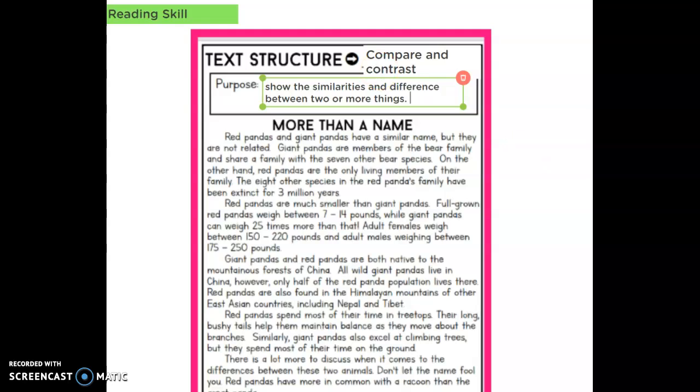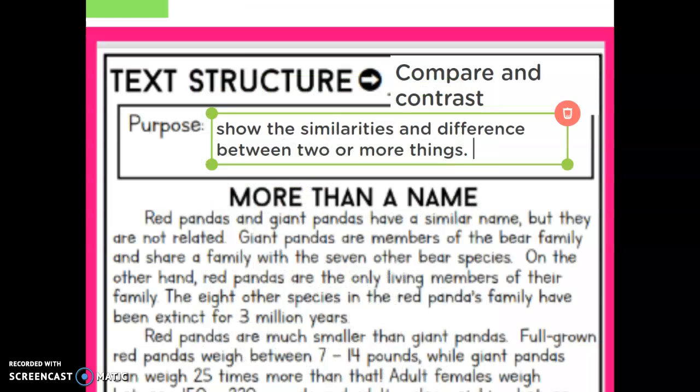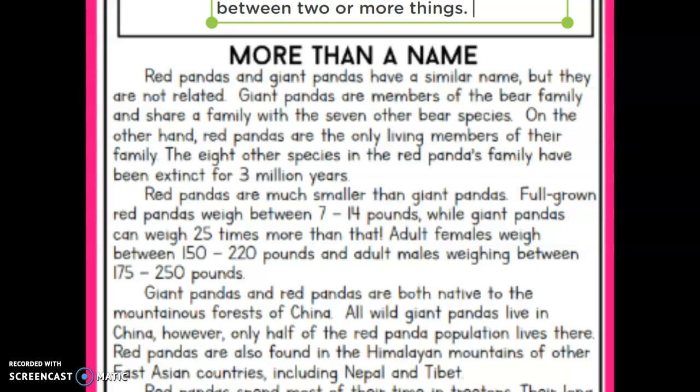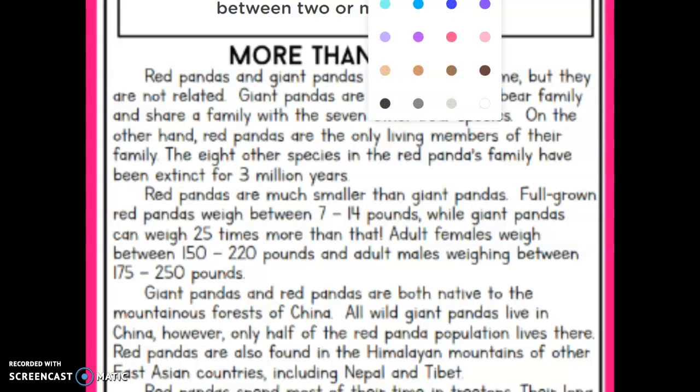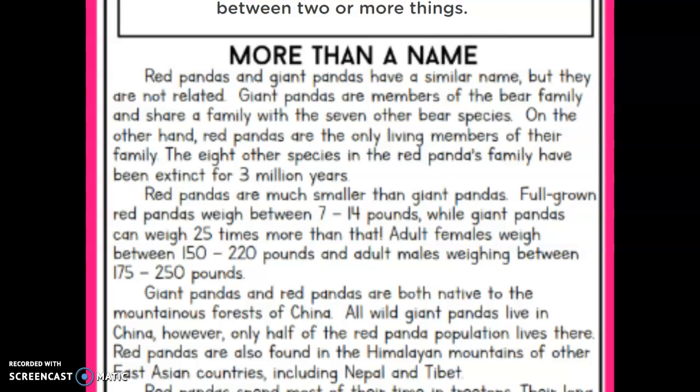And we're going to go ahead and begin. Like I said, as we are going through, please highlight what I highlight. More than a name. Red pandas and giant pandas have a similar name. Grab your highlighter, highlight similar, that is a key word. But they are not related, but is also a keyword when we are comparing and contrasting.